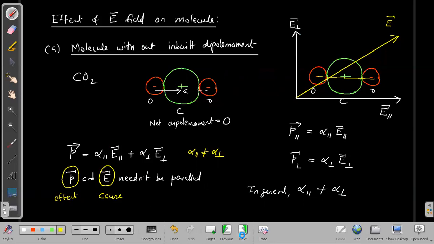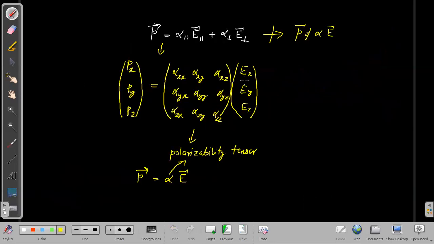Hence, I have to connect the applied electric field and the induced dipole moment as a tensor equation, and the proportionality constant which connects the electric field and P would become a matrix, that is, a tensor. It is a second rank tensor, and it will have a total of 9 components, and it is called the polarizability tensor.